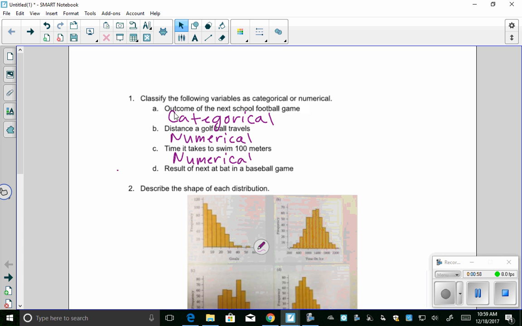Numerical. The results of the next at bat in a baseball game. Categorical.